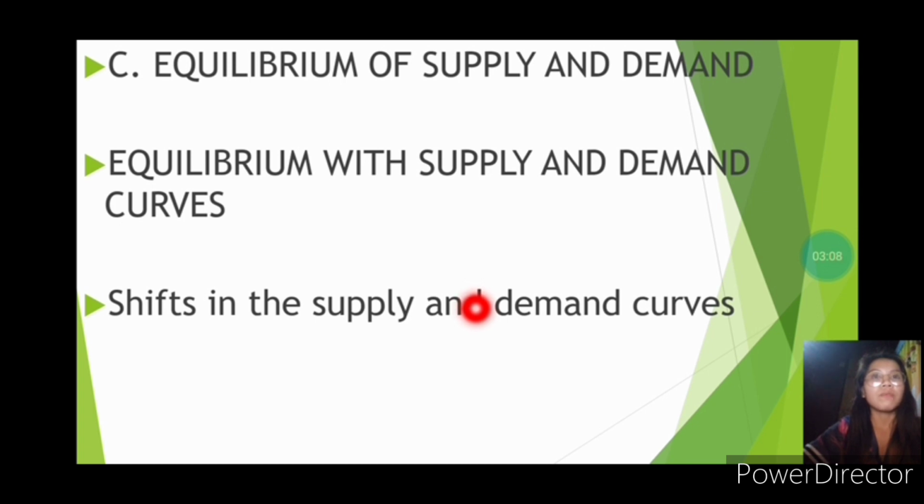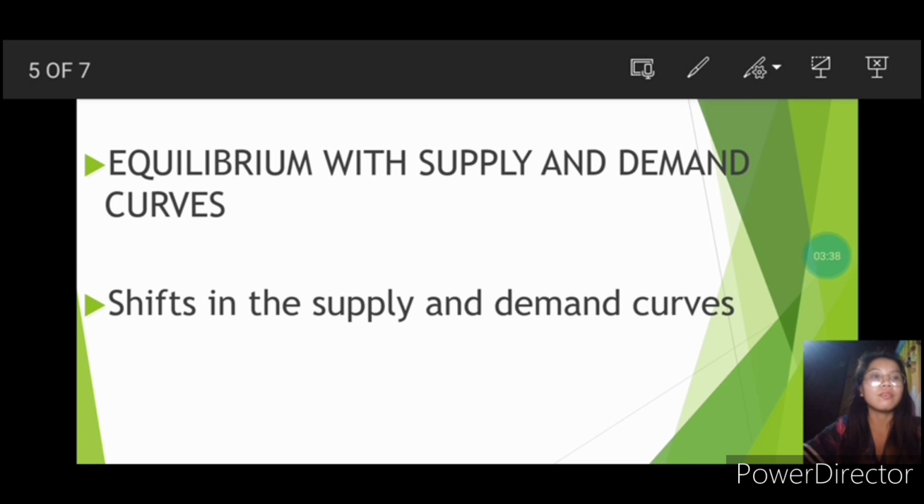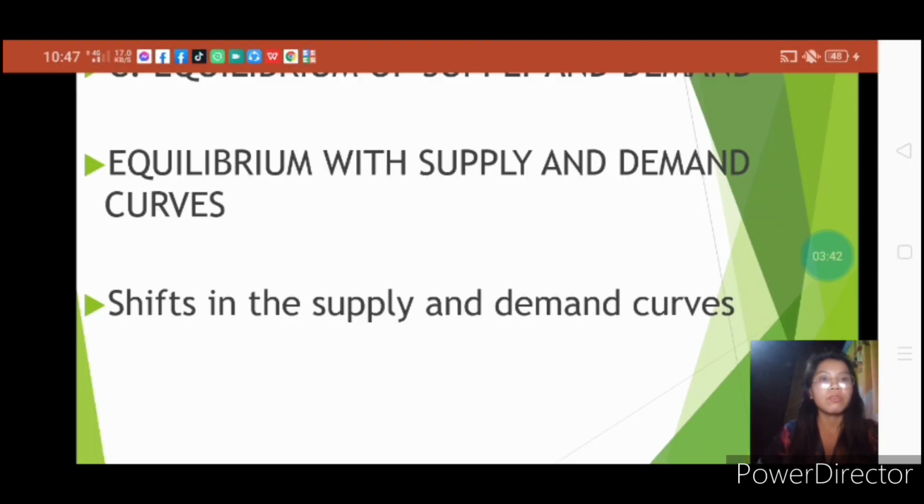It changes the equilibrium price and quantity. An increase in demand shifts the demand curve to the right, increasing both equilibrium price and quantity, and an increase in supply shifts the supply curve to the right, decreasing price and increasing quantity. So therefore, shifts in the supply and demand curves change the equilibrium price and quantities.